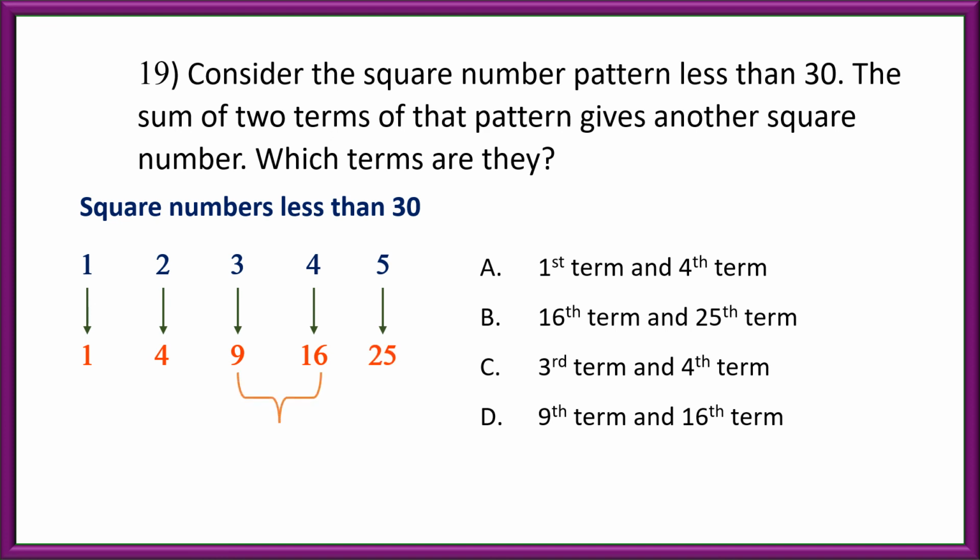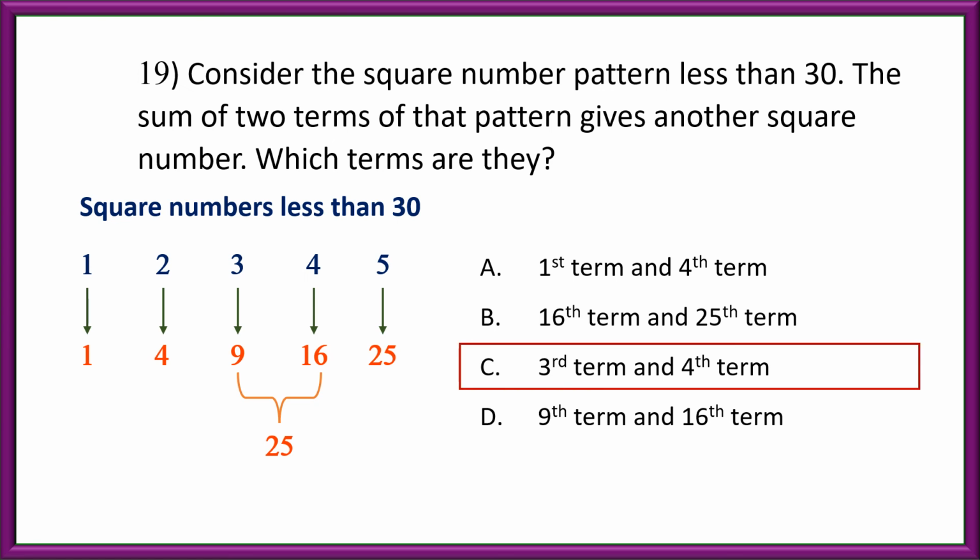Those are the square numbers less than 30. Now, let's take the sum of the third term and fourth term. It means 9 plus 16. That one gives us 25. Then, that is the third term and fourth term. Then the answer should be option 3.